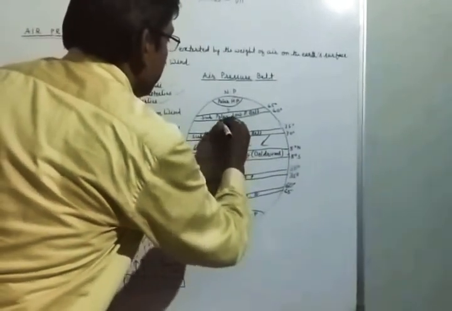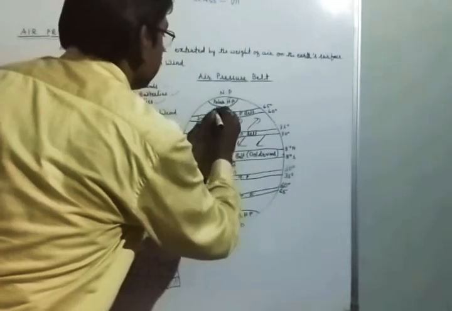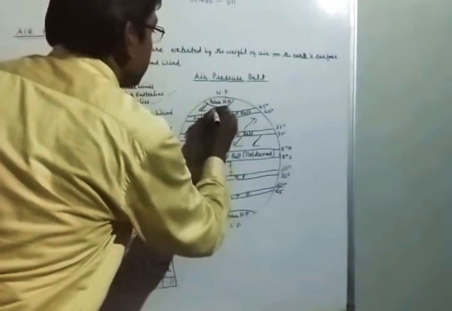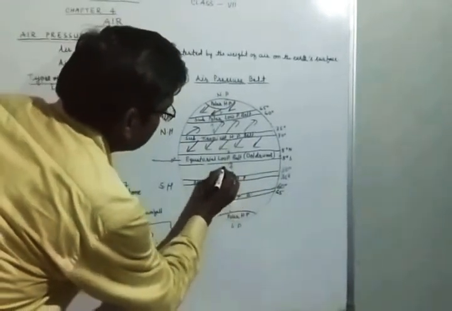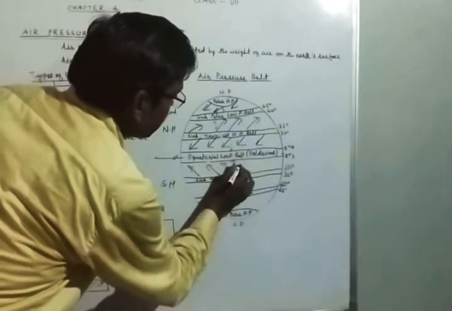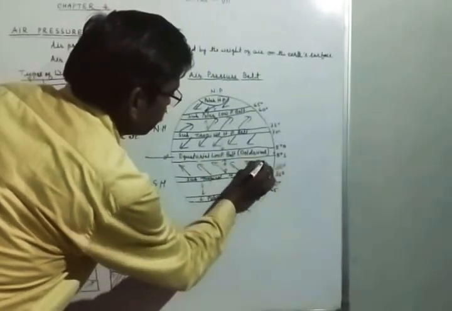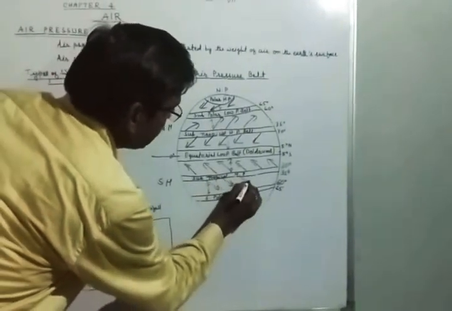Similarly, this wind is going in this direction, and this wind is coming in this direction. In the southern hemisphere, this wind deviates towards the left, so this wind is going in this direction.